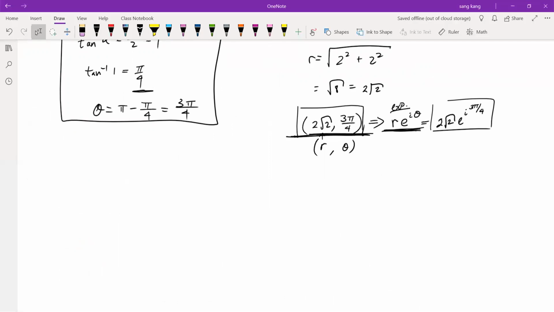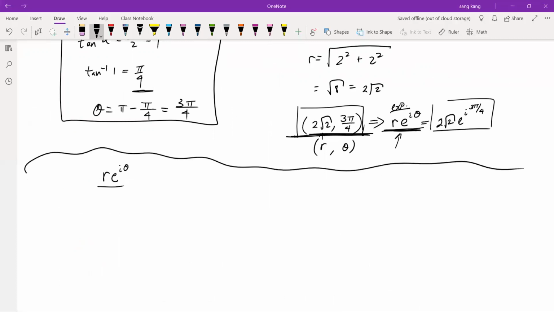So where does this come from? r e to the i theta. Where this comes from is the Maclaurin series of e to the x, right?